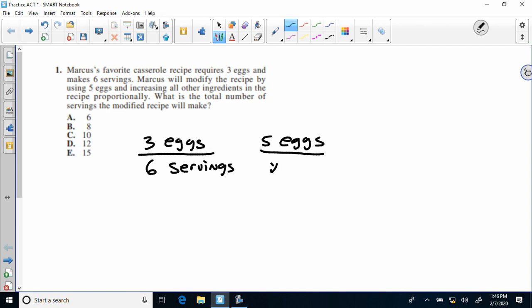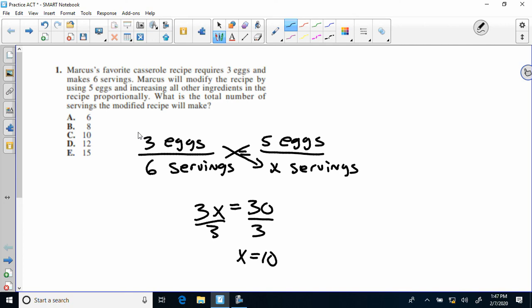So we want x servings. And this is just a simple proportion. Cross multiply and solve to get your answer. And so I'm going to have 3x equals 30, because 3 times x is 3x, and 6 times 5 is 30, and divide by 3, and you will get x is 10. And so my answer should have been C on that one for number 1.